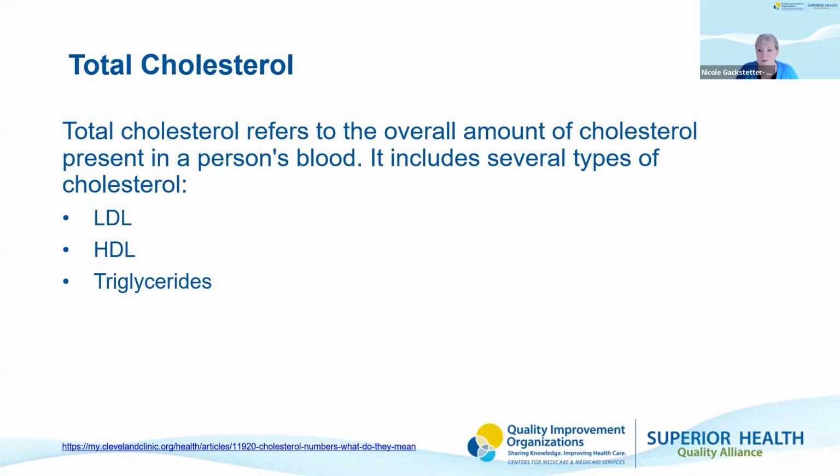High total cholesterol levels, especially when accompanied by high LDL cholesterol or triglyceride levels and low HDL cholesterol levels, can increase the risk of developing heart disease and other cardiovascular conditions.